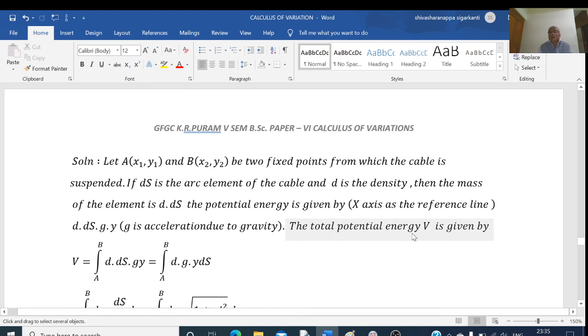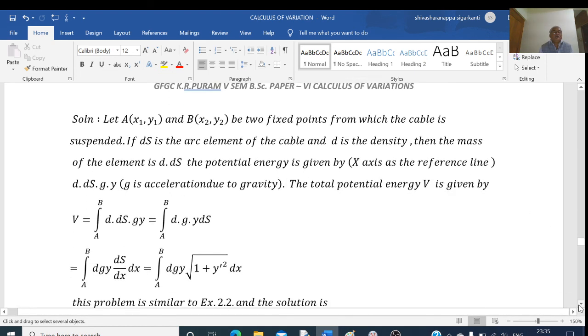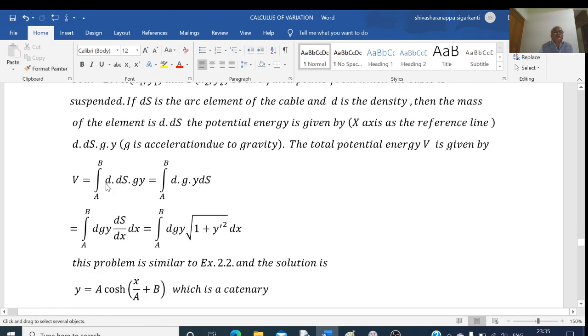Then the total potential energy is given by v equal to integral from a to b of d ds g y. That is d into g into y into ds. I will write this ds as ds by dx into dx.